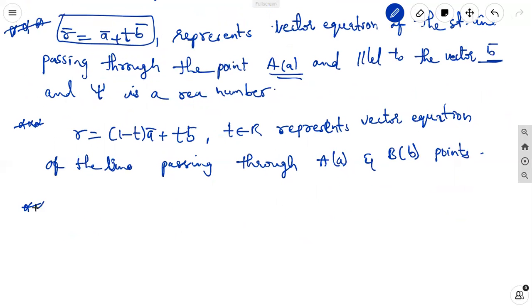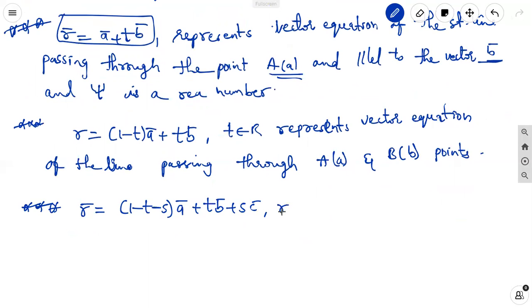Next, the third one. R vector equals (1 minus t minus s) into A vector plus t B vector plus s C vector.